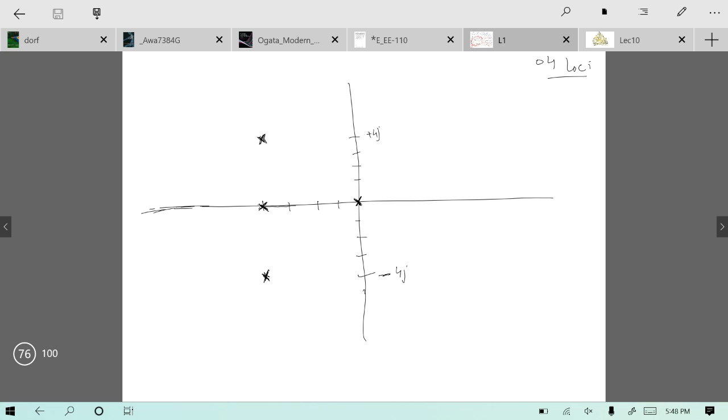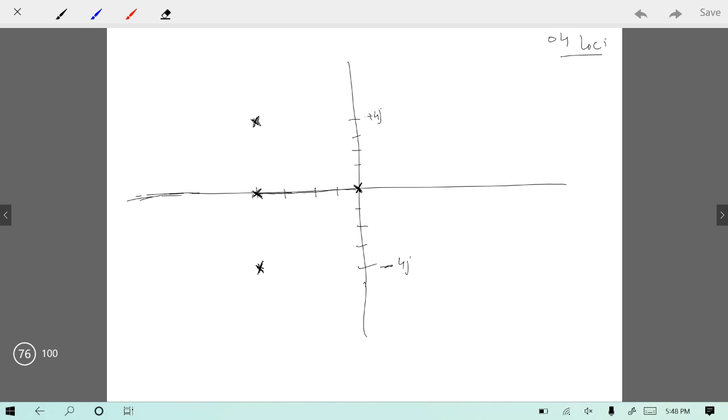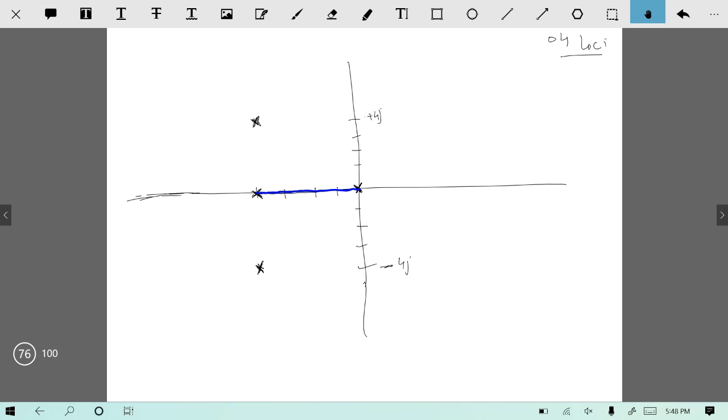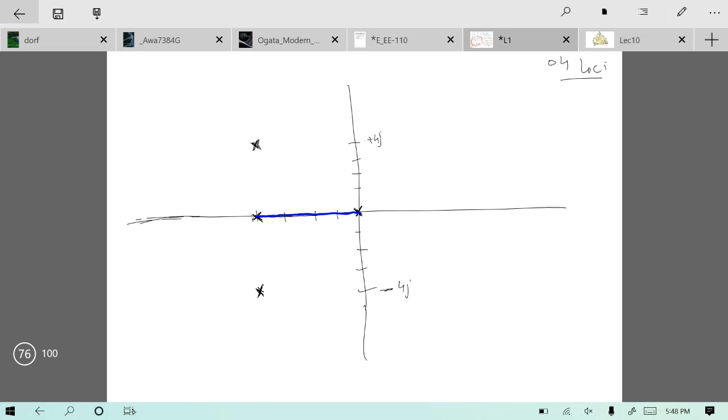Okay, let me draw the root locus with the same pen. So this portion of the real axis is part of your root locus, and roots will come to this portion.